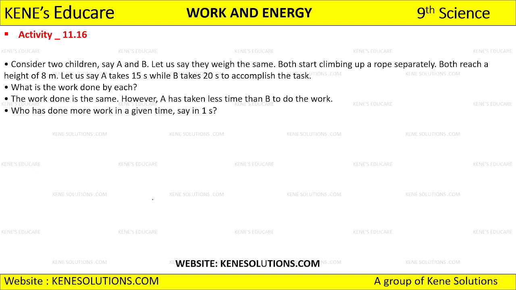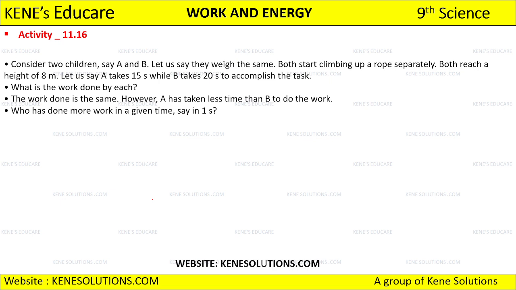Both children are climbing up, which means they are doing work, and the work done is against gravity because they are climbing a rope. What is the formula for work done? mgh. Potential energy is mgh, right? Now they have stated that both weigh 25 kg.